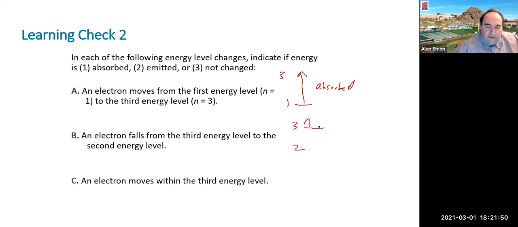So my electron starting here, coming back down, needs to emit that energy or release that energy. An electron moves within the third energy level. So if it's just hanging out here in the third energy level to the third energy level, same energy level, not much happening. So really no change occurring at that point. Any questions on that?